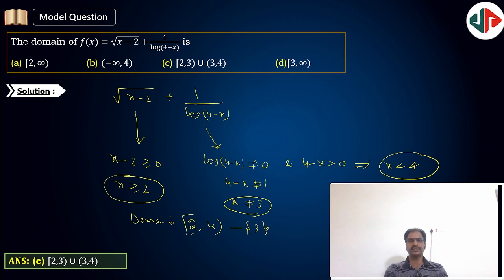It means that 3 is excluded. So the domain which I wrote here and option C both give the same meaning. So remember, whenever the question is finding the domain of a sum of two functions, find individual domains and then the intersection of those two. I will proceed to the next one.